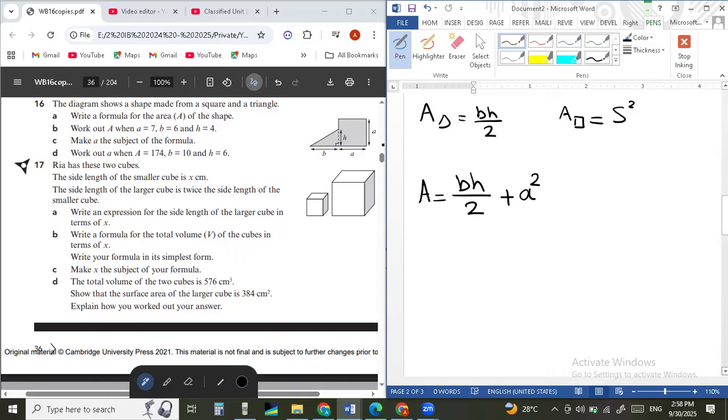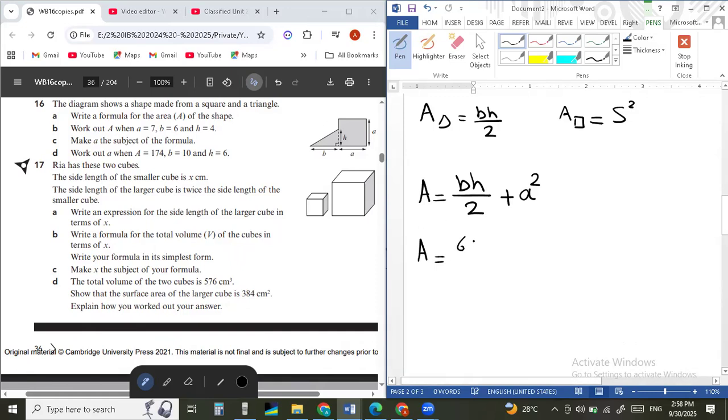Good. Question b, they're telling you work out A, this one. Focus, there is a difference between the capital A and the lowercase a. The capital A is the area of the whole compound shape. The small a is the length of the side of the square. All right, so they want you to work out A when a is 7, b is 6, h is 4.